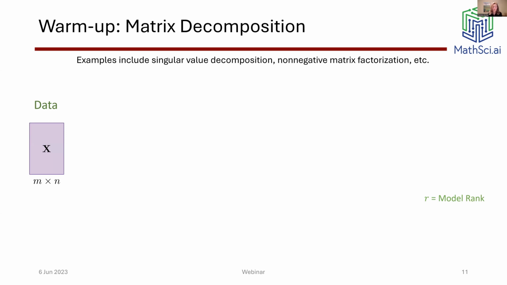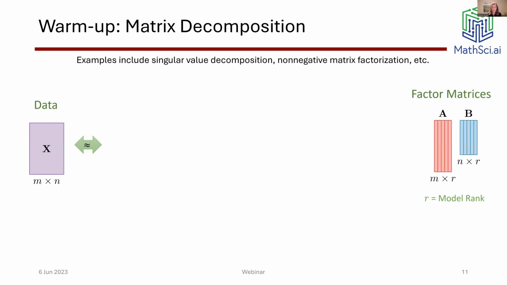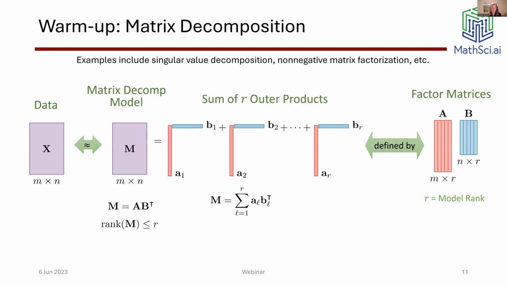And what we're going to compute is two things that we call factor matrices, A and B. So A is m by R and B is n by R, and those come from the sizes of the data and the model rank. And what's important in these matrices is their columns. And so we're going to build up a model of X that's based on taking the columns of A and B and taking their matched outer product.